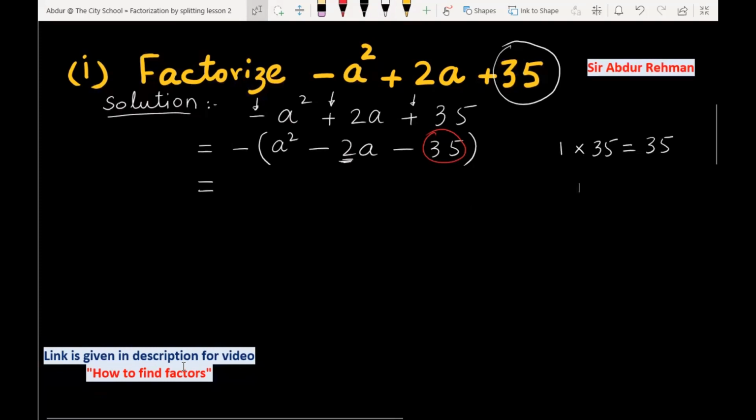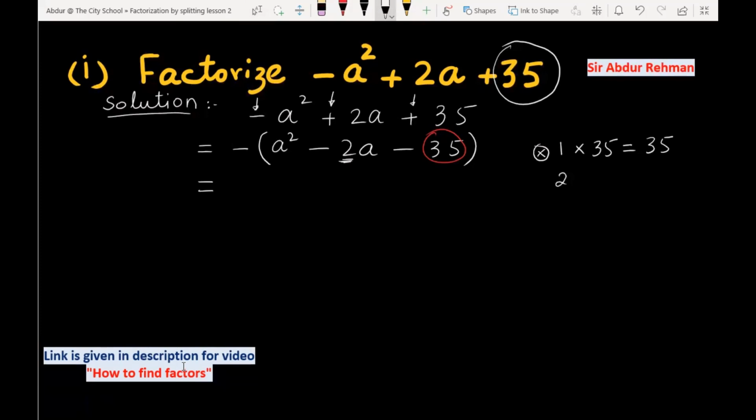So 35 plus 1 is 36, but it is 2 here. And 35 minus 1 is 34, but the middle term is 2. So this factor is rejected.